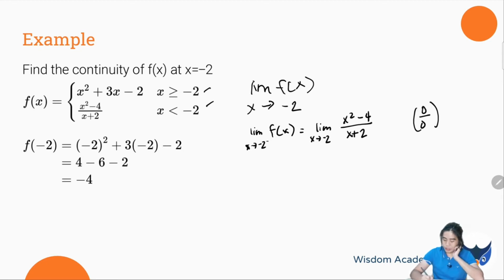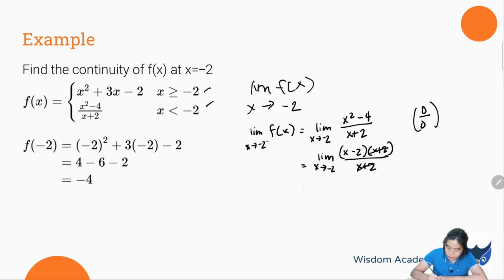Since it is an indeterminate form, we first need to do factoring, from our previous discussion. So, let us factor out the numerator first. It equals x minus 2 times x plus 2 over x plus 2. So, we can cancel this out. Using direct substitution, it becomes negative 2 minus 2, which is negative 4.